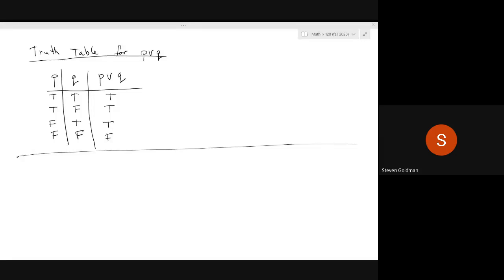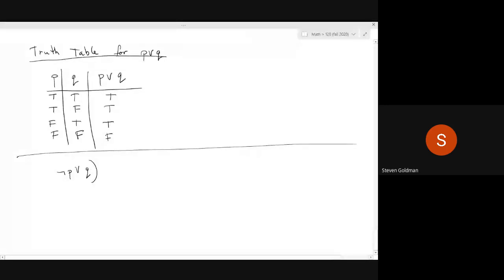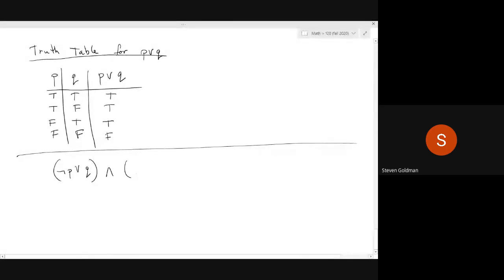All right. So far we have negations, conjunctions, and disjunctions. We could technically combine as many propositions as we want using these tools, okay, these connectives or operators, all right? So I could have a sentence, not P or Q, and Q and R, if I wanted.